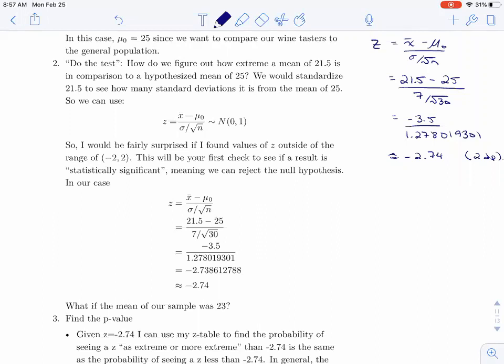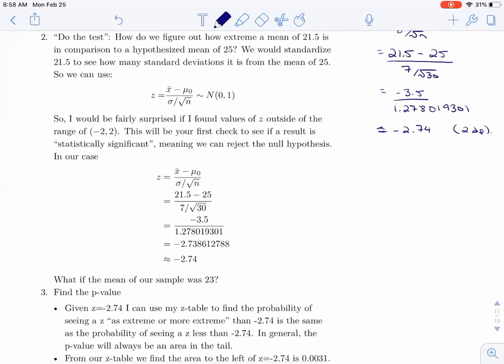Because the null hypothesis says that the mean is 25, but here we're finding that's a little far away compared to our sample mean. And so already we have this idea that it looks like I'm going to be rejecting the null hypothesis. The p-value just formalizes that idea. The p-value just attaches a probability to that idea.